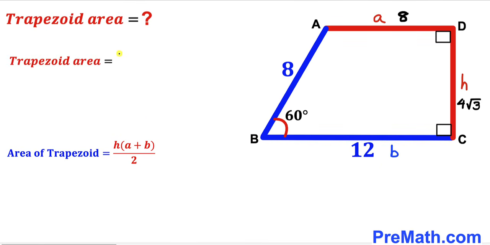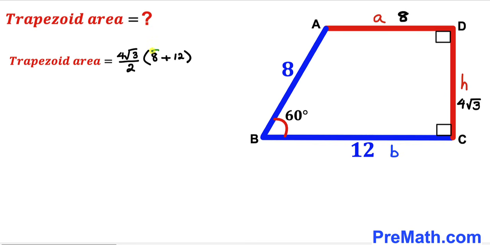Our height is 4 times the square root of 3, divided by 2, times our a value 8 plus b value 12. Here 8 plus 12 gives us 20 in the parentheses, and at the same time 4 divided by 2 gives us simply 2. So we could write this as 2 times the square root of 3 times 20.